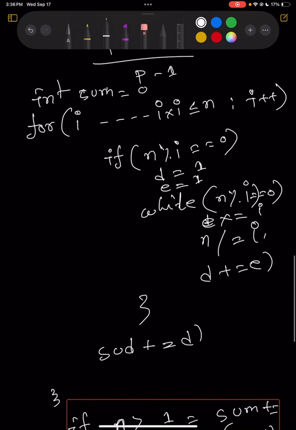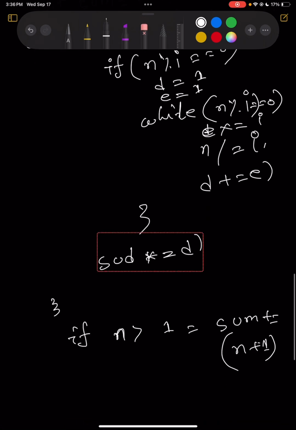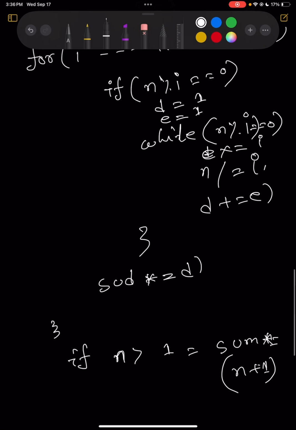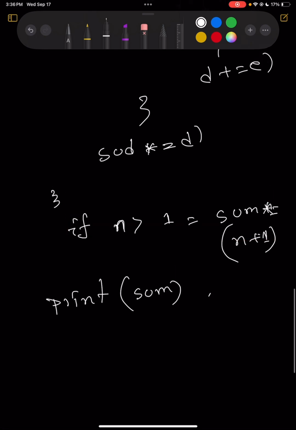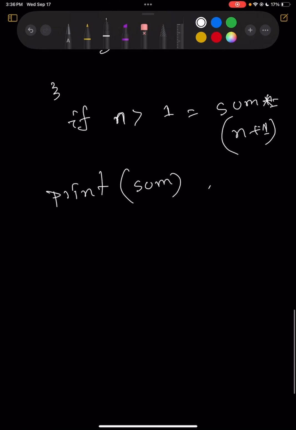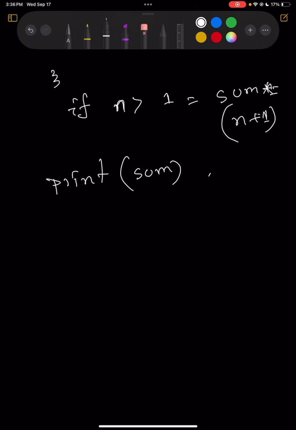We shouldn't be adding to sum here, it's my bad, actually it will be multiplication. We're going to multiply, so here also multiply. This is our answer. Then finally we can print it. So we just reduced the execution time. That's it.